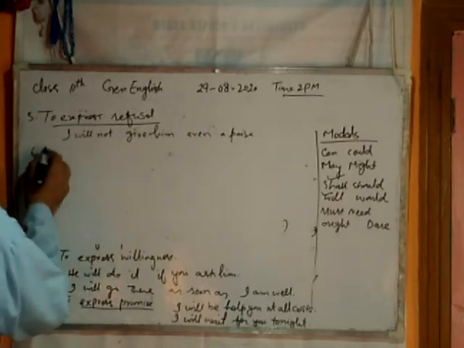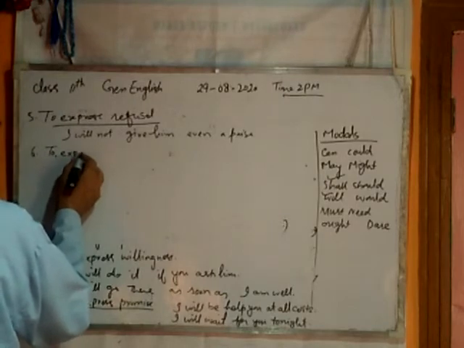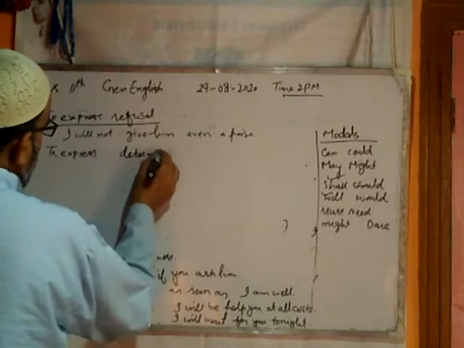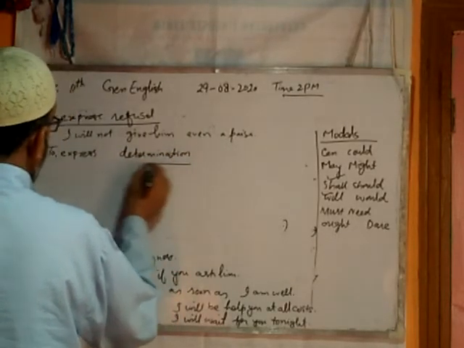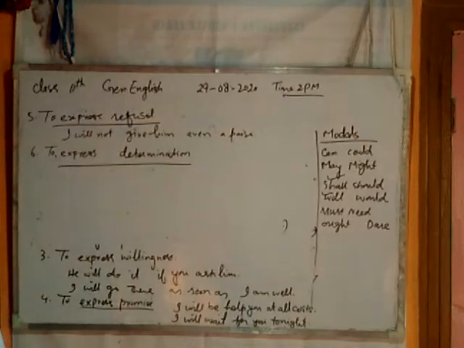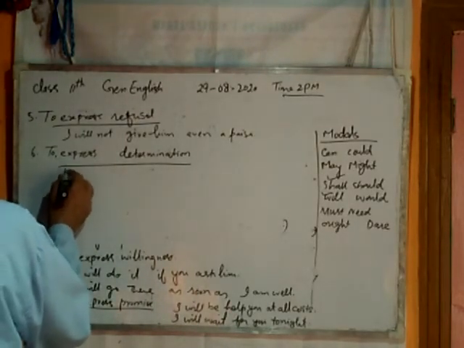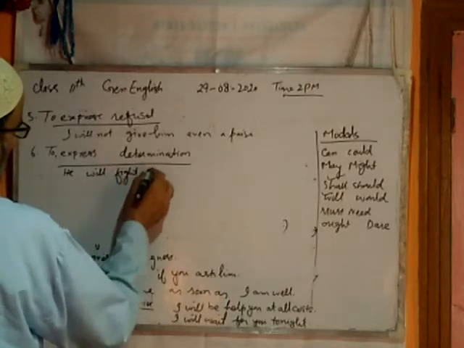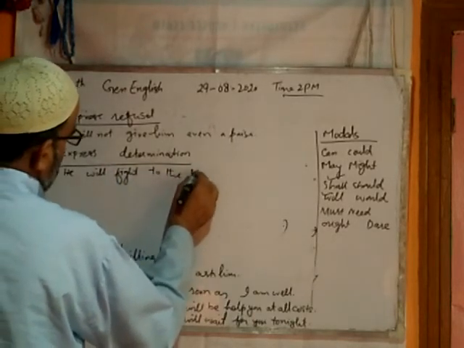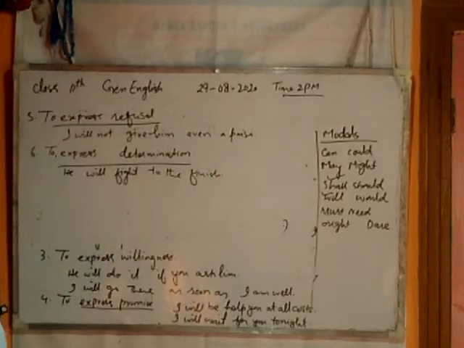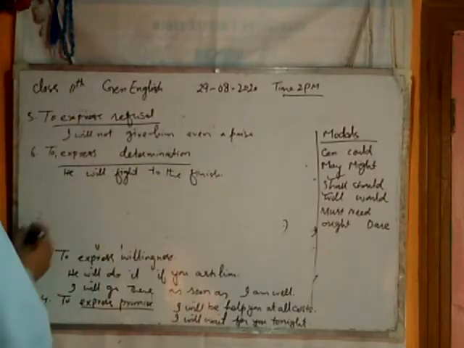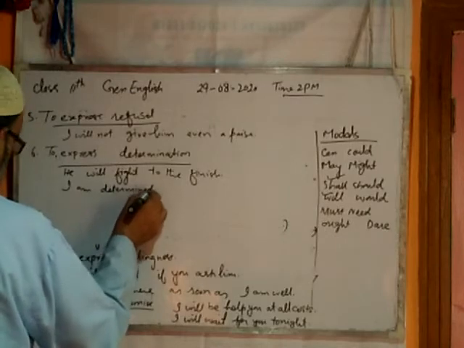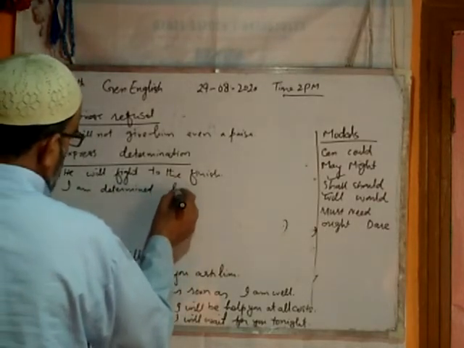Now use number 6 to express determination. अपनी पुरअज़्मी का इजहार करना, पक्के इरादे का इजहार करना। He will fight to the finish. वो इख्तिताम तक या तकमील तक लड़ेगा। I am determined.